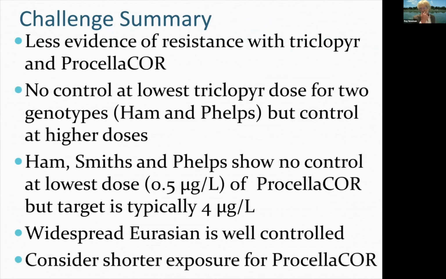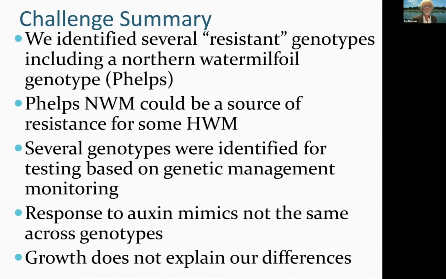We've got less evidence of resistance to triclopyr and ProcellaCOR, with no control at the lowest triclopyr dose for 2 genotypes. And for ProcellaCOR, Ham, Smith, and Phelps show no control at the lowest dose, but the target's typically much higher at 4 micrograms per liter. Widespread Eurasian water milfoil, again, is well controlled by both of these, and we should consider shorter exposure times for ProcellaCOR here.